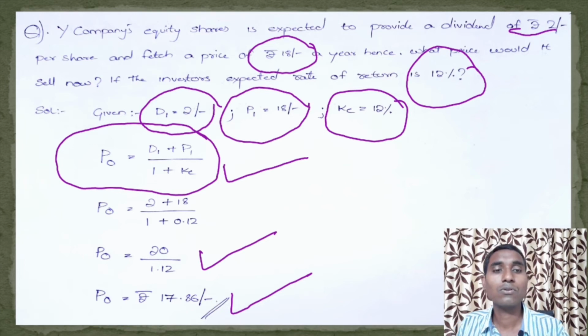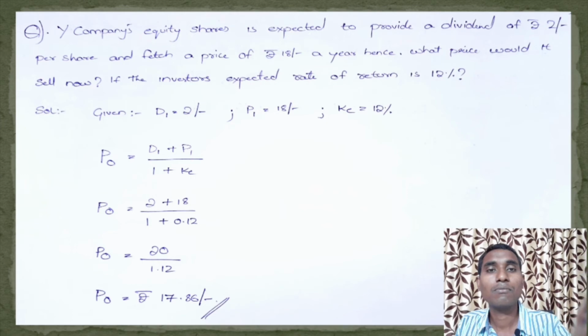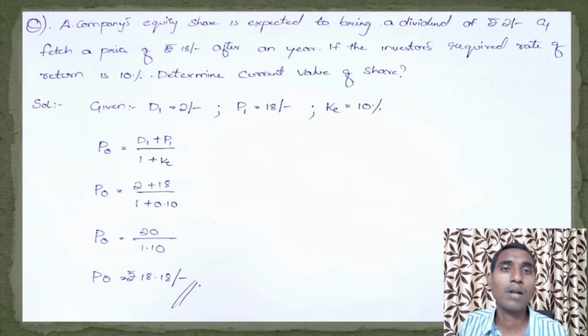Now let us look at one more problem. Here is a question. A company's equity share is expected to bring a dividend of rupees 2. This is the expected dividend, that is D1, and it will fetch a price of rupees 18 after a year.